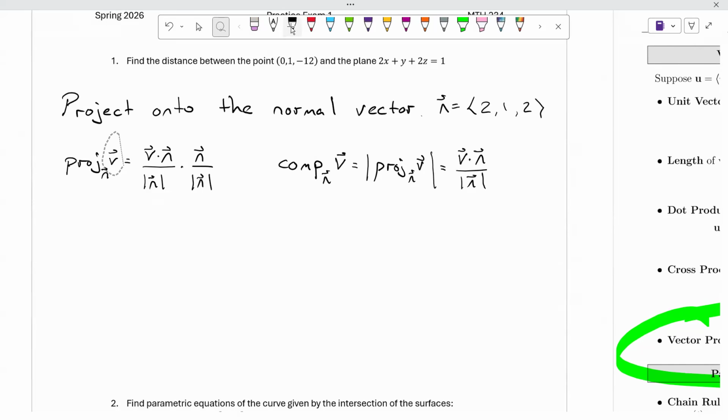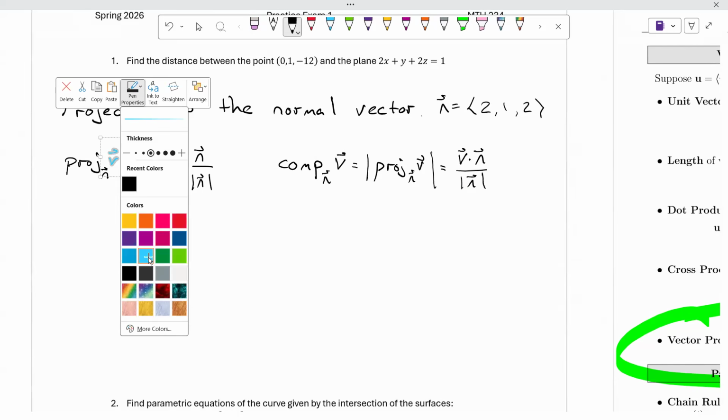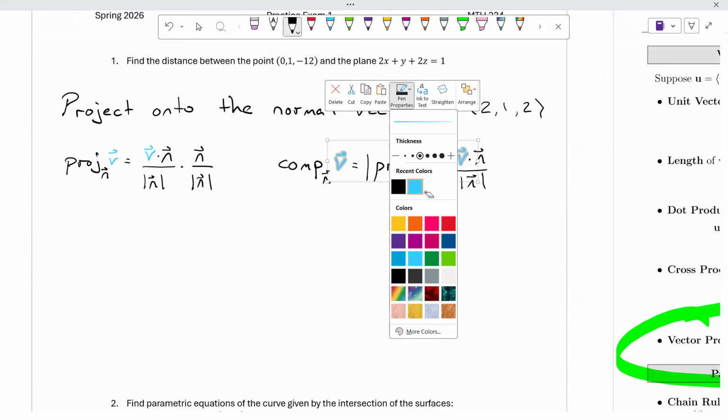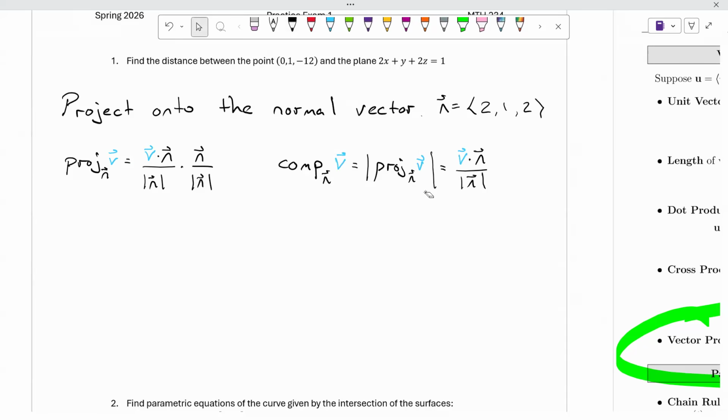Let me start splashing some color in here so you can see the different pieces we're looking at. In particular, I'm going to make my vector v turn blue, so I'm paying attention to that vector as it goes through. All of the other vectors in there are just the normal vector that I already have, (2, 1, 2).